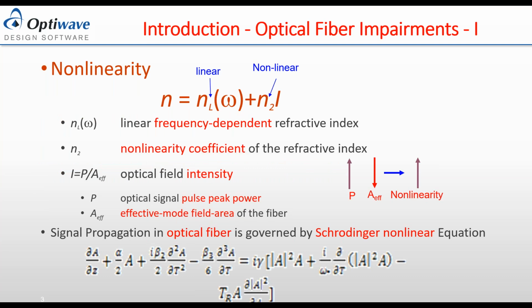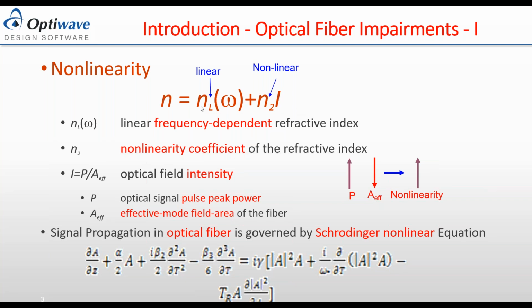So as we know, optical fiber suffers from different impairments, and these impairments include nonlinearity, dispersion, and attenuation. In this webinar today, we're going to concentrate on the nonlinearity part. The nonlinearity comes from the part related to the refractive index of the optical fiber, which is composed of 2 parts: the linear part and a nonlinear part.